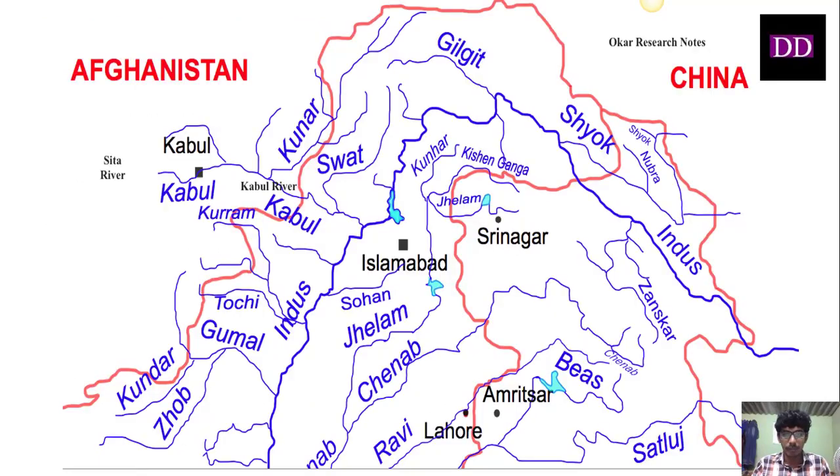You can see the map. This is the Indus River which originates here and it flows to Pakistan, and these are all the tributaries: Jhelum, Chenab, Ravi, Beas, here it is Zanskar, Nubra, Shyok. These are all the tributaries which flow in India.